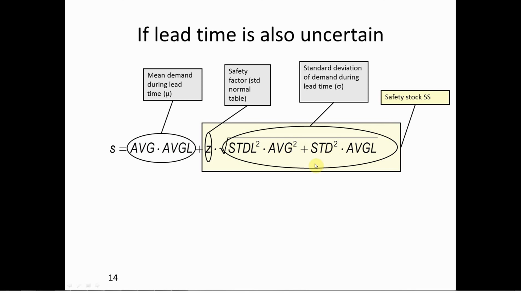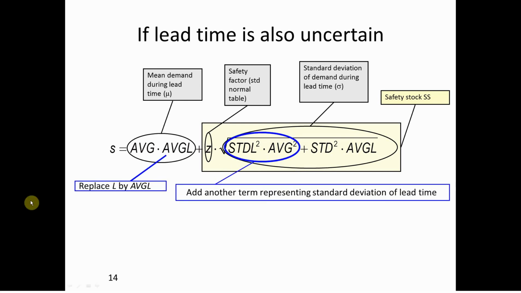So the only difference is if the lead time is uncertain, we use the average lead time and the standard deviation of that lead time, and once again we're going to assume that the lead time is normally distributed, although that may not necessarily be the case, but you'll find that it works pretty well in general.